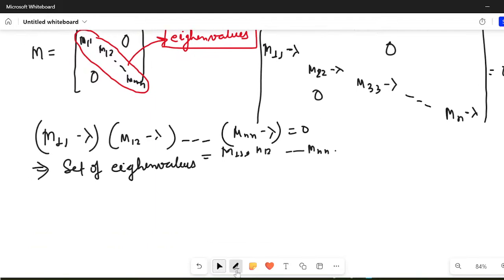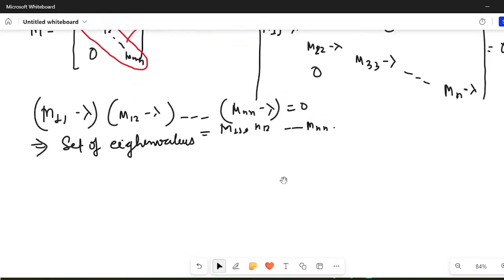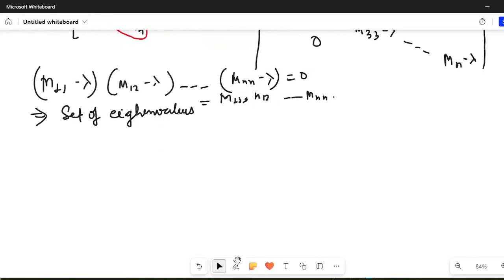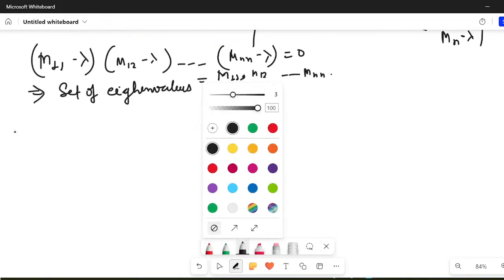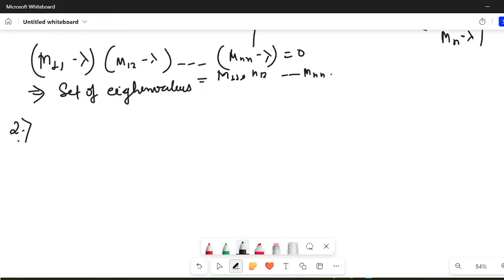Okay, second property that we should write here. If you remember, when I was solving this determinant of M minus lambda I equal to 0, I was getting a characteristic equation, isn't it?